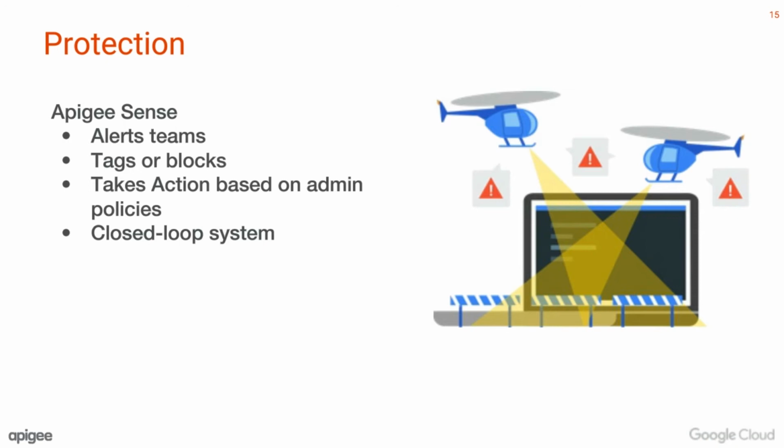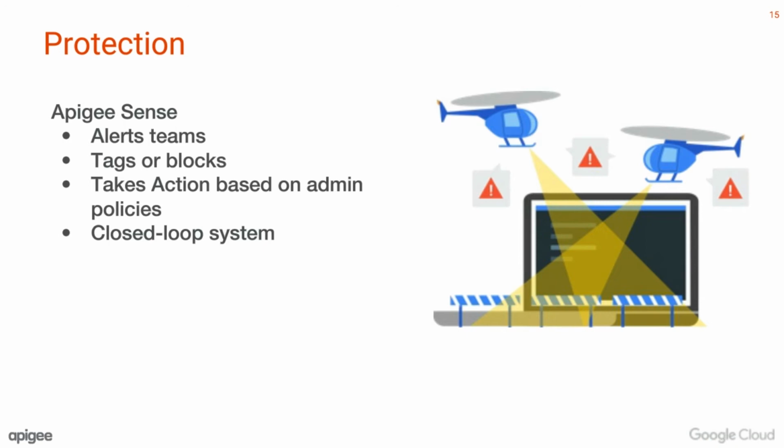Many of our customers write their own bots, write applications that iteratively hit their APIs, or they expose data to partners who want to do scraping of their data, for instance, and in some cases that's an acceptable use. You have the opportunity to confirm the behaviors that Apigee Sense detects, and then you decide what action to take on that traffic.